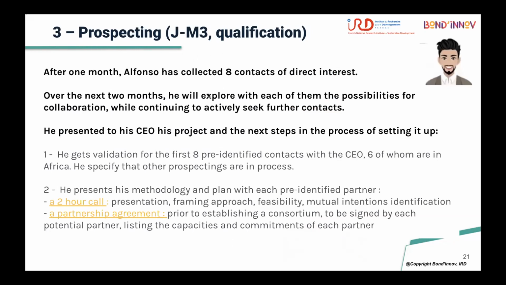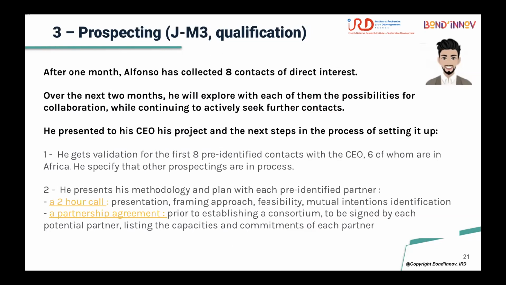Okay, now also in the prospecting phase, which lasts now 4 months, Alfonso has collected 8 contacts that could be interested by the topic of the call and by the consortium.